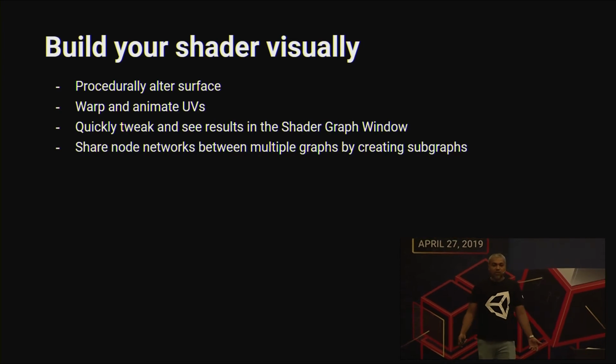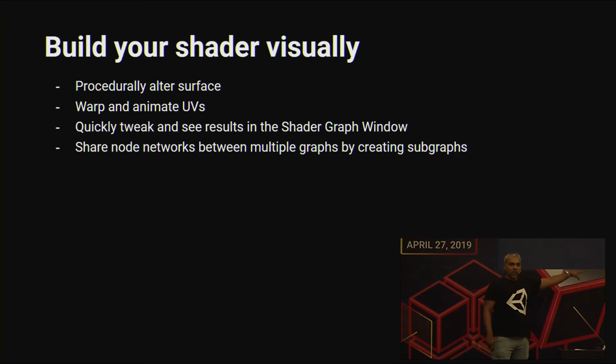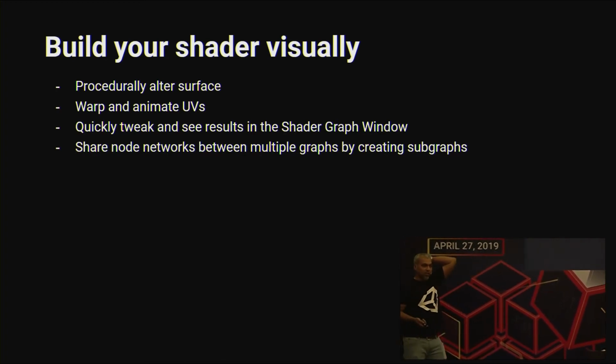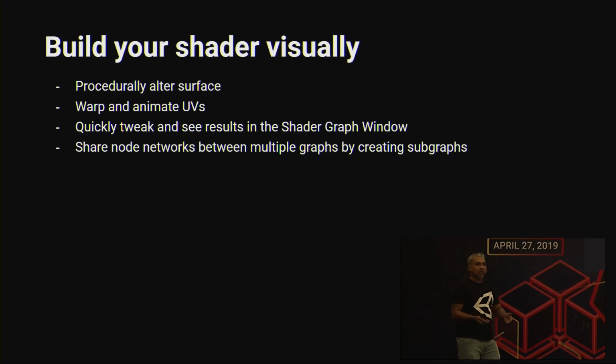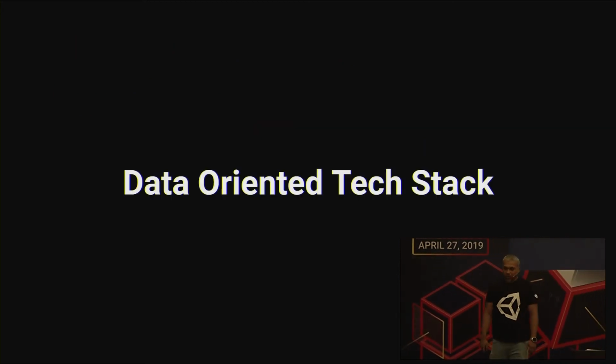And the best thing is you can build subgraphs. So this graph that we built, you can make this one graph and use it as a subgraph under another larger node, which is really cool. You can have multiple graphs connected in such a way, like the nested prefabs that we have right now. A lot of them are interconnected. So shaders also will be interconnected, which is really cool.